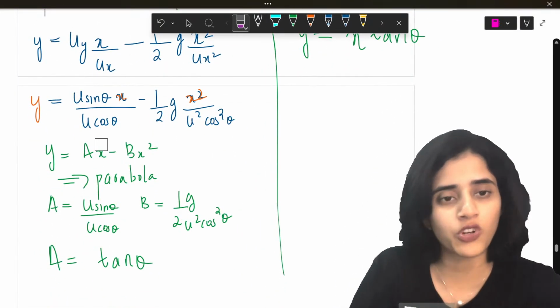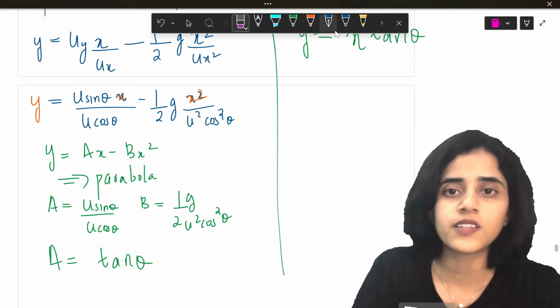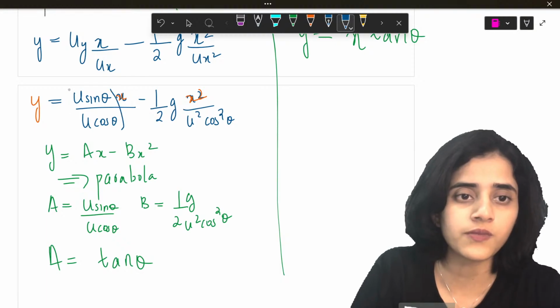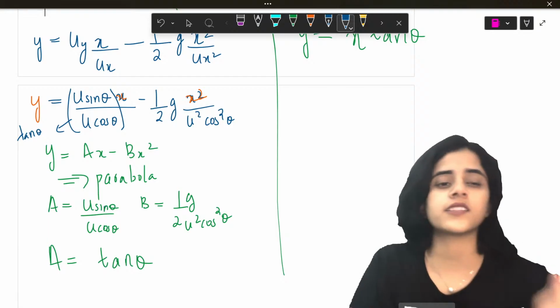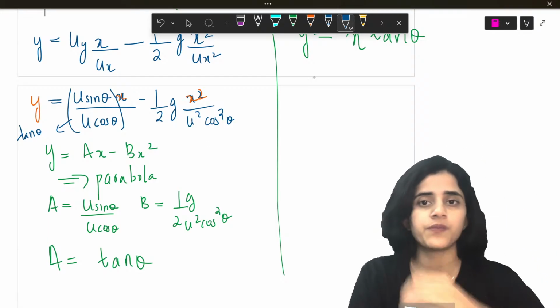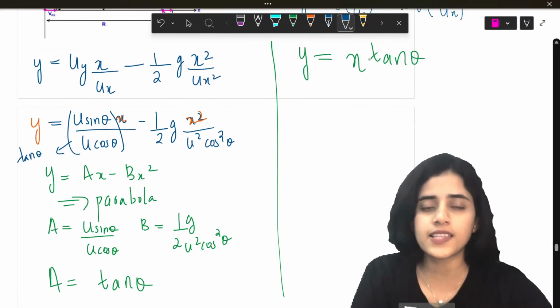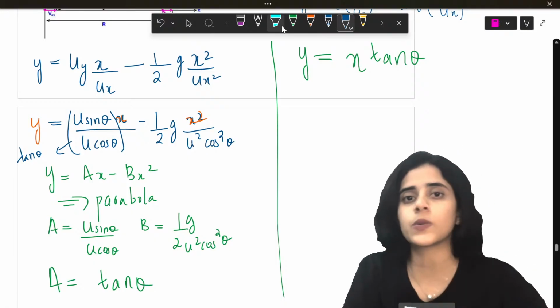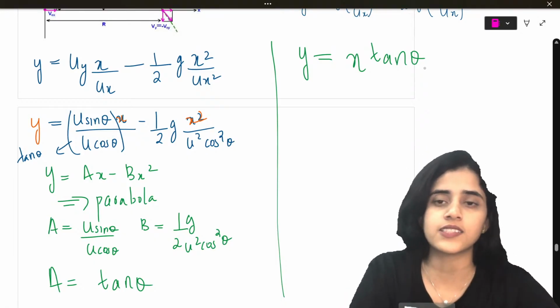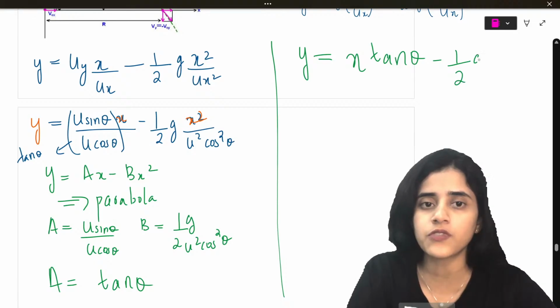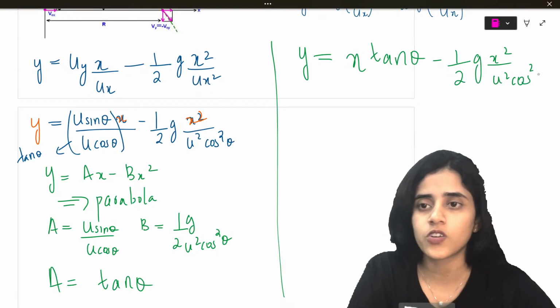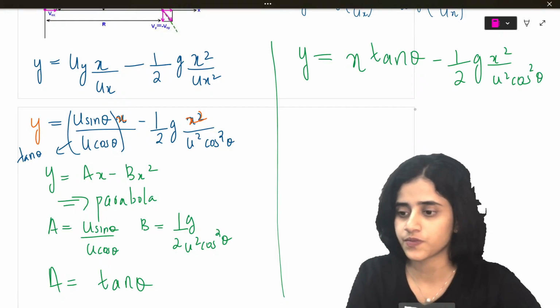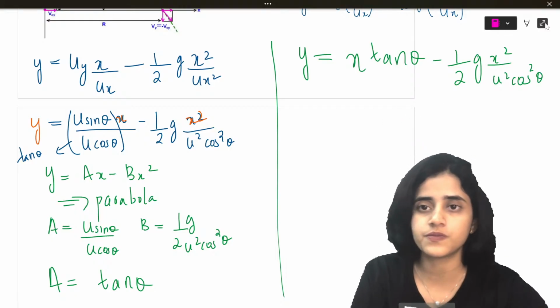I mean, it's not that I forgot, I can write it in the next step also, but this whole thing I can write as tan theta. So now what is my formula? y is equal to x tan theta minus half g x square divided by u square cos square theta.